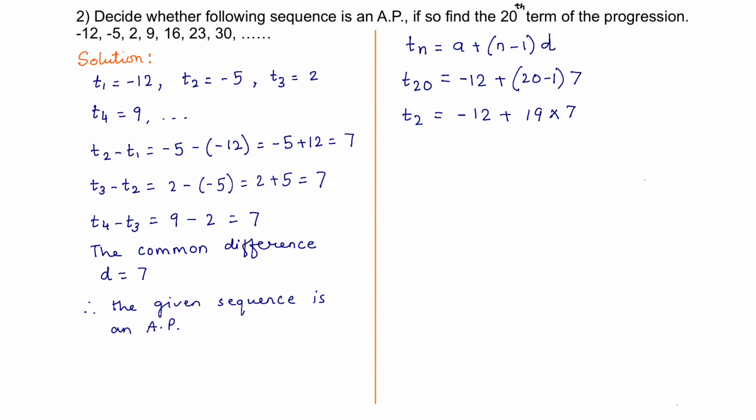ओके, तो अब हम पहले इसको सॉल्व करेंगे. We will solve 19 multiplied by 7. So minus 12 plus 19 multiplied by 7 is 133. Now we will subtract 12 from 133. ओके, तो 133 में से 12 को अगर सब्ट्रैक्ट करेंगे तो आंसर 121 आएगा.